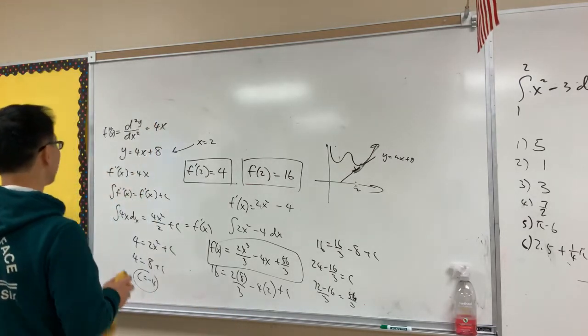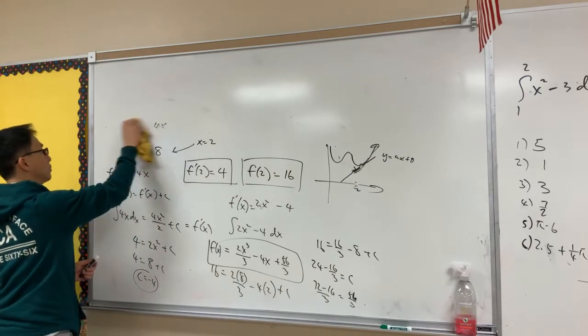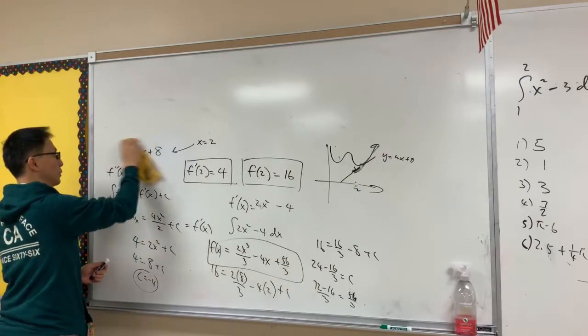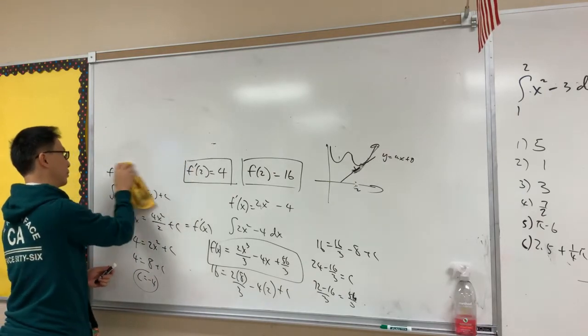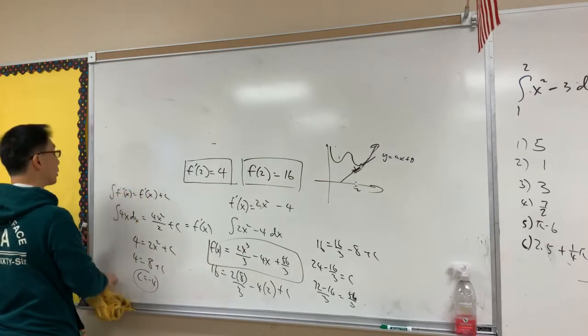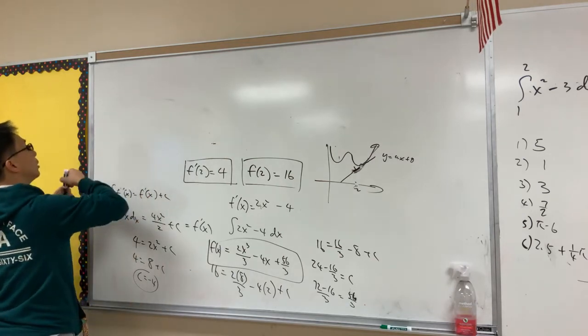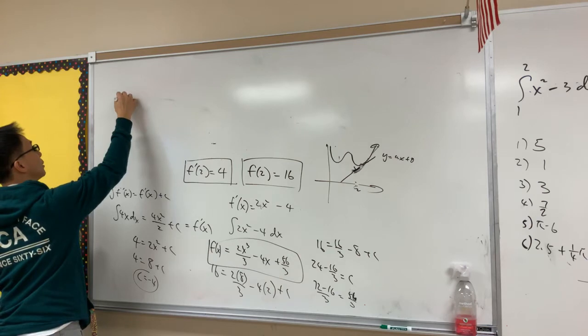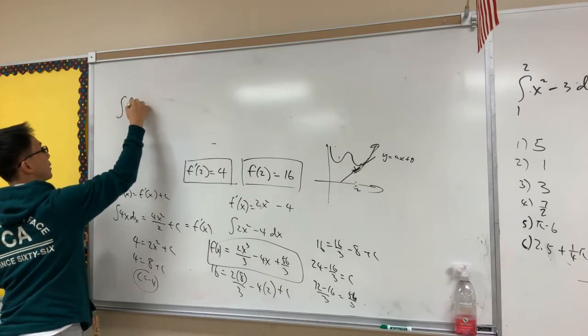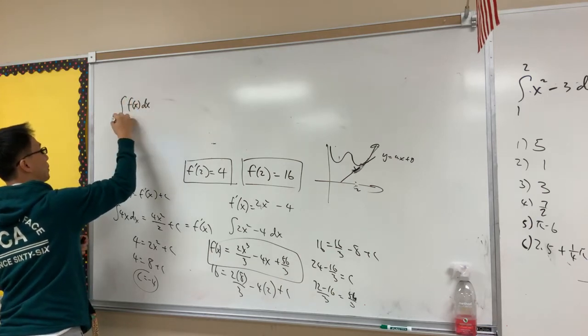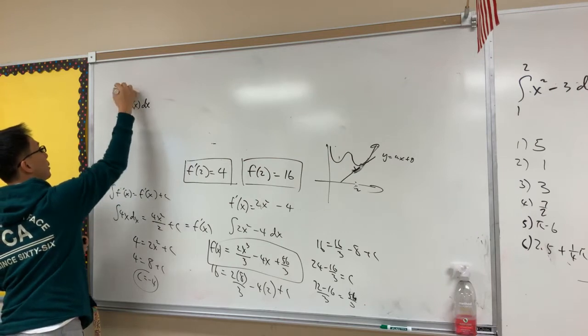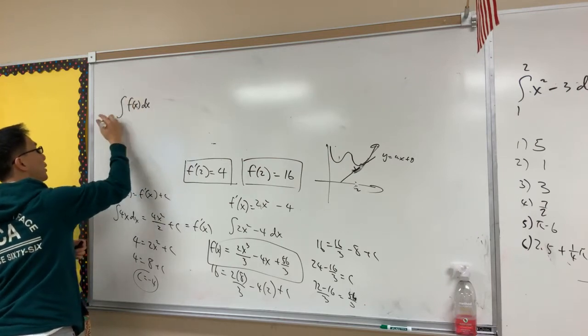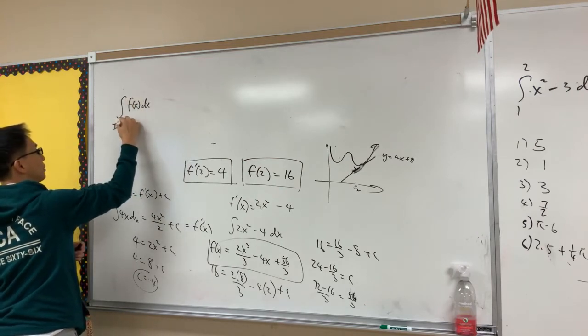That becomes 2x squared plus 3 plus 4x plus c, and it plugs in 2. Okay, so this one is the integral of f of x dx, without a to b. We call this the indefinite integral.